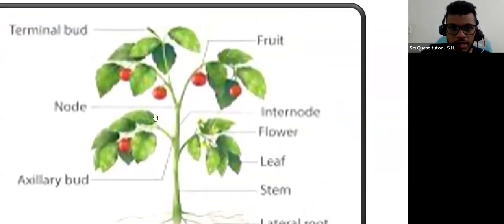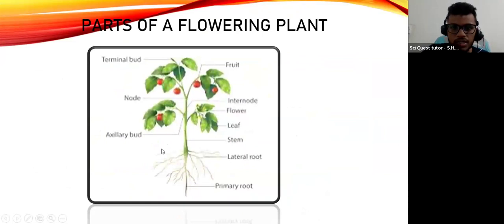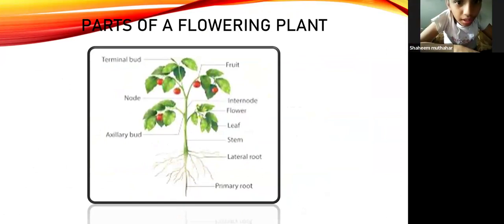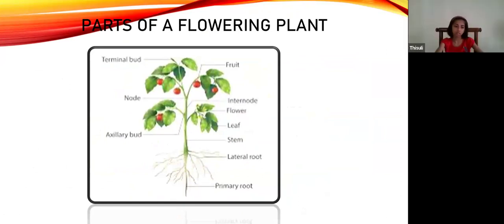The shoot system is the one on the top. The root system is normally under the soil. There were two types of roots. What were the two types of roots we studied? Anyone? Lateral root and fibrous root. Yeah, main two types.